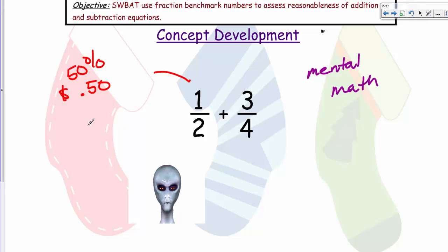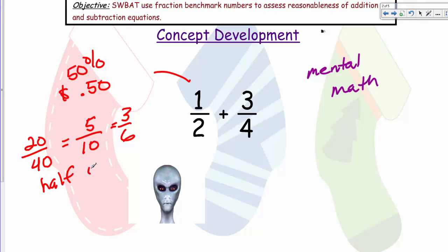I also know that a half can be written as 5/10. There are many equivalent fractions that we could write: 3 over 6, you get the idea, 20 over 40. This is basically trying to get an understanding. The biggest thing is that it is actually 1/2, a half of 1 whole.